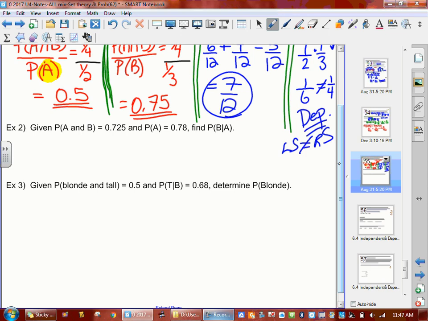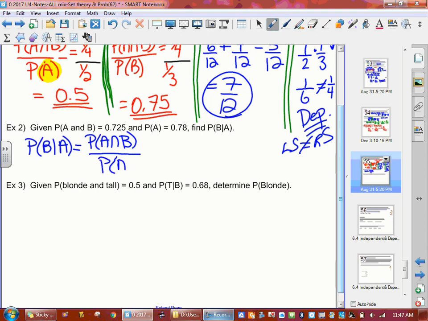So, probability of B after A already occurred is equal to probability of A and B divided by probability of A. And that's going to give us 0.5 dividing by, I used the wrong number there, 0.725 over 0.78.